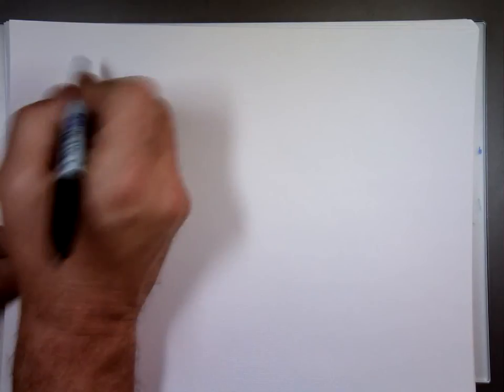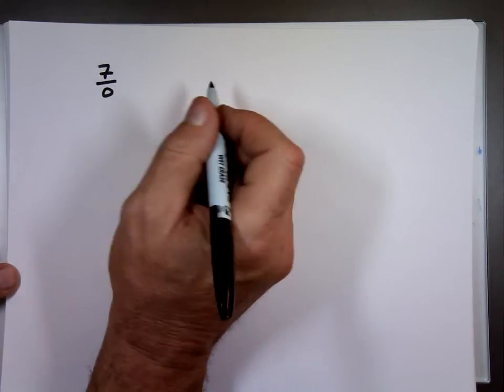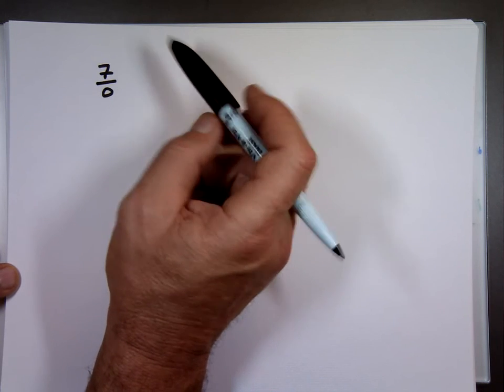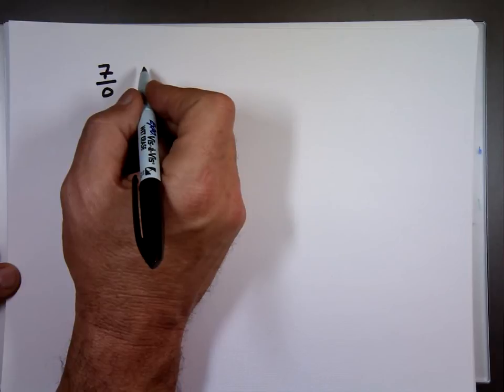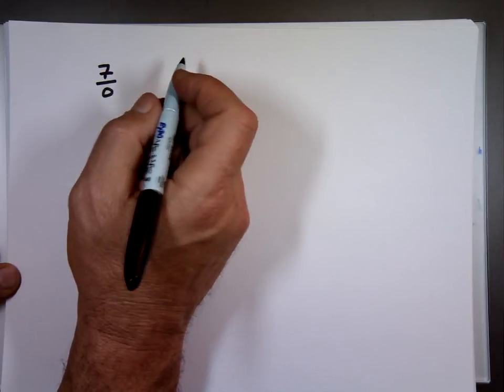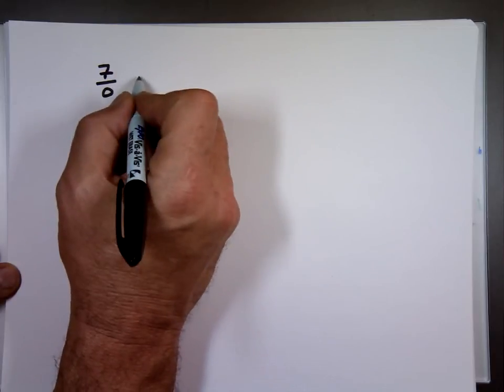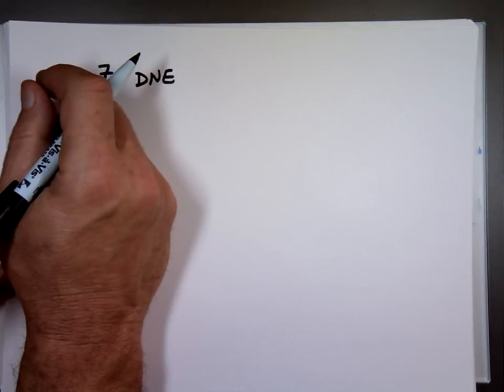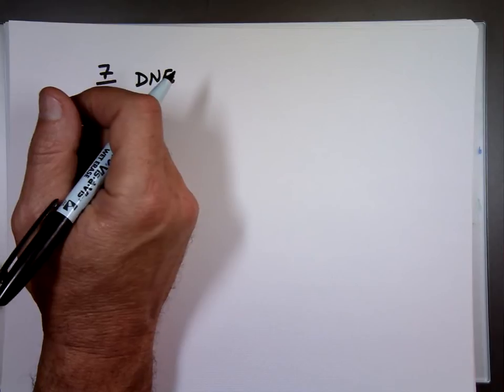What's 7 divided by 0? Does not exist. Very good. Can't divide by 0. 0 on the bottom is a problem.